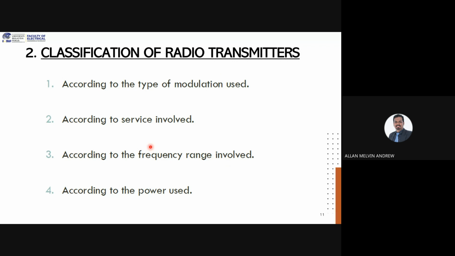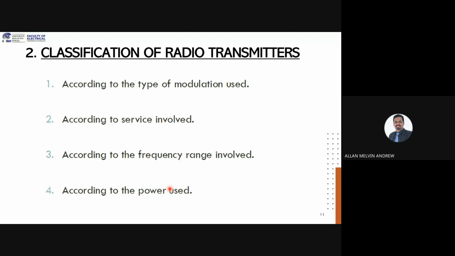Okay, so that's the third one, and the fourth classification is according to the power used. Power determines how far you want to transmit. Let's say from here you want to transmit to Kangar, so maybe you can use a normal power radio transmitter.